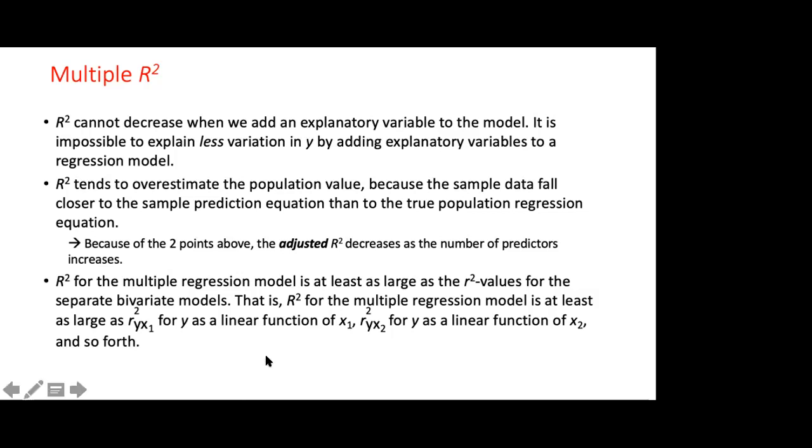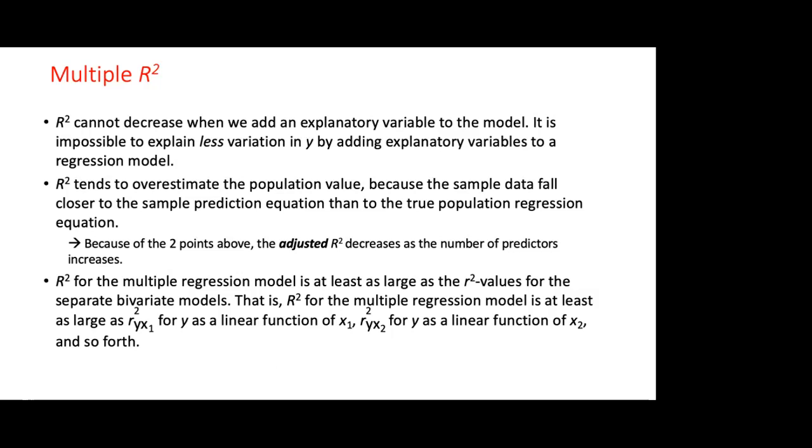All right, and our R squared for multiple regression is at least as large as the R squared values for the separate bivariate models. So that means the multiple R squared has to be at least as large as the largest squared bivariate correlation between a given predictor and the outcome variable.